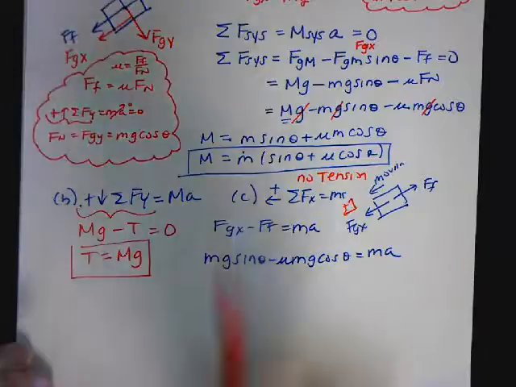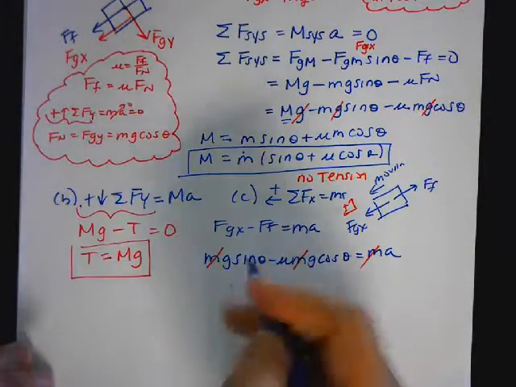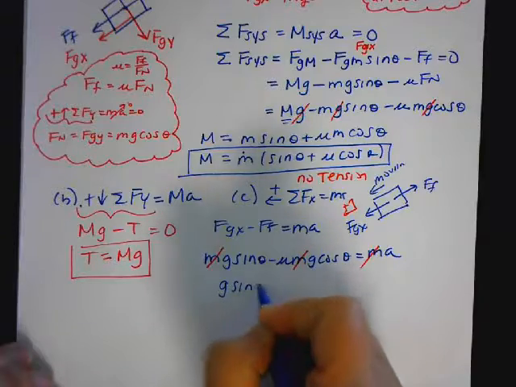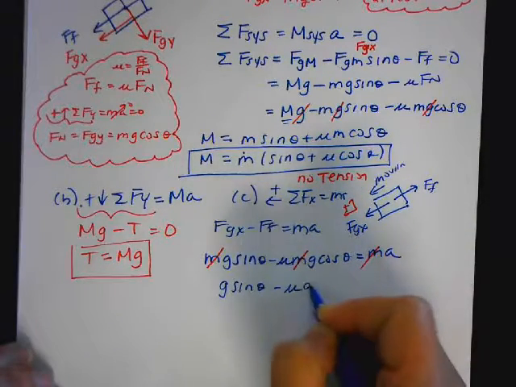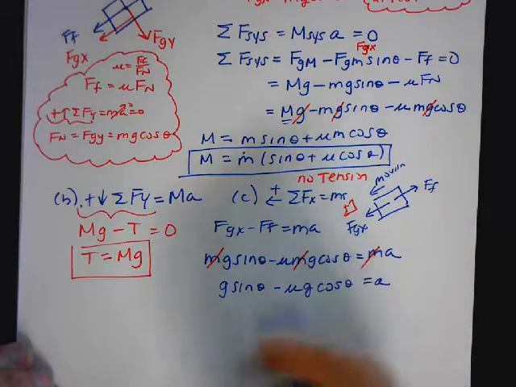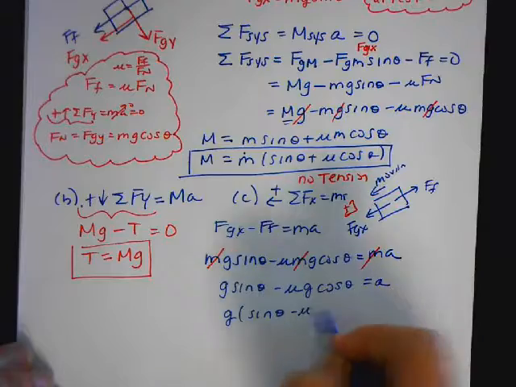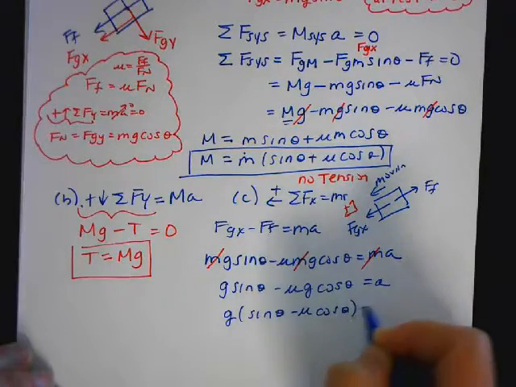I'll cancel my m's. And then I just rearrange the equation. g sine of theta minus mu g cosine of theta is equal to A, and then I'll pull out the g. So g times sine of theta minus mu cosine of theta is equal to A.